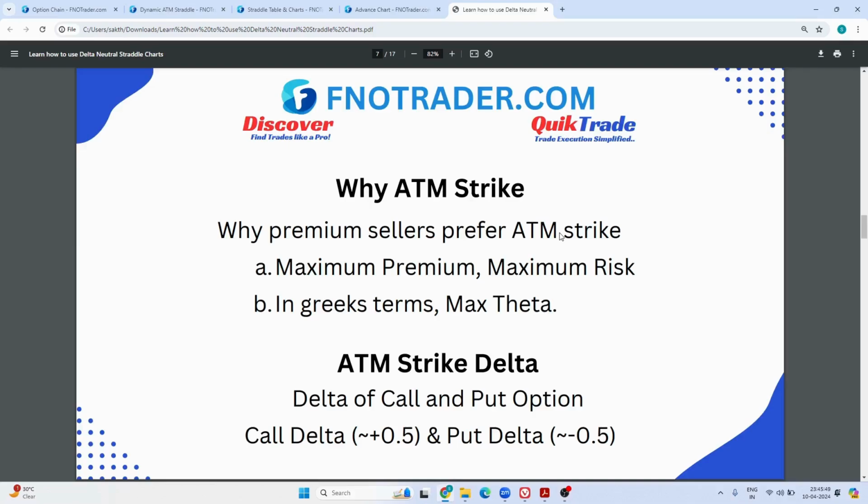But maximum premium means there is also maximum risk. In Greeks terms, maximum theta is available on the ATM strike. Now let's look at the delta, which is one of the Greeks. What is the delta for the ATM strike?